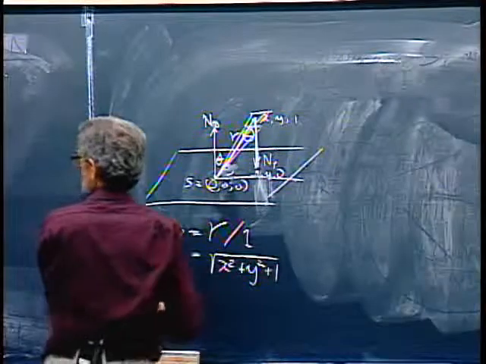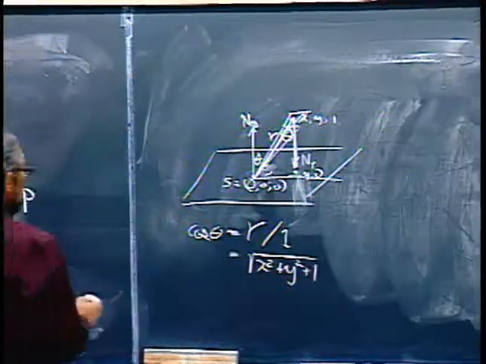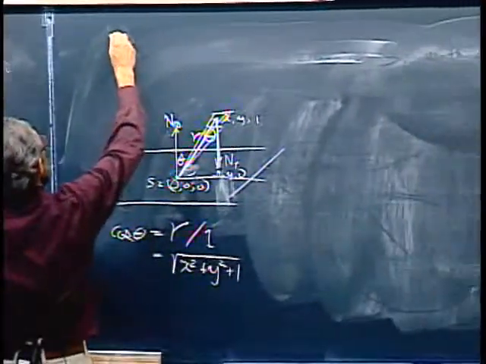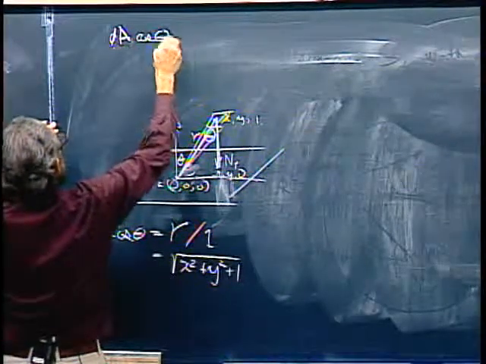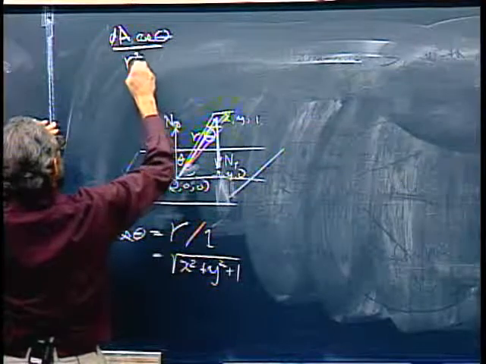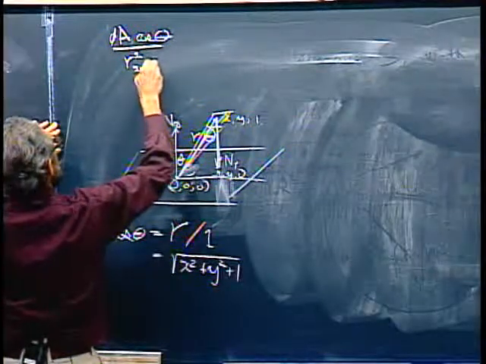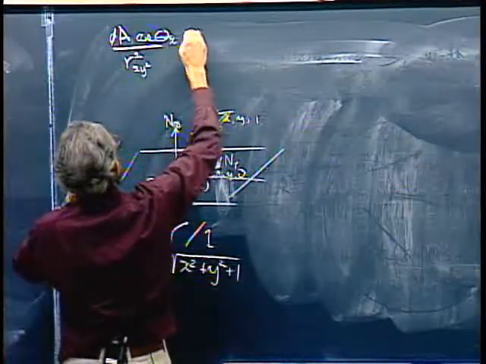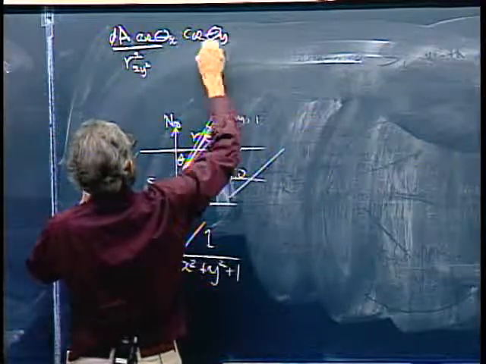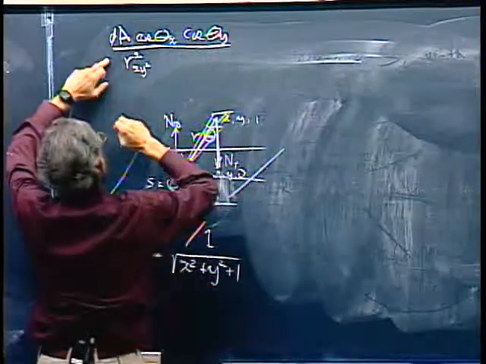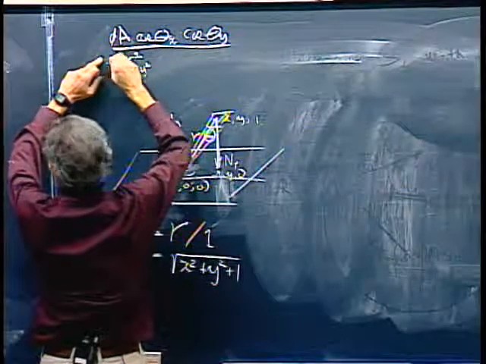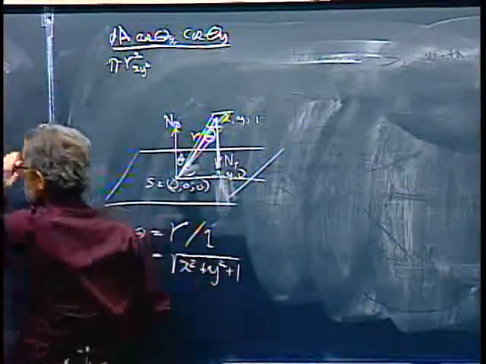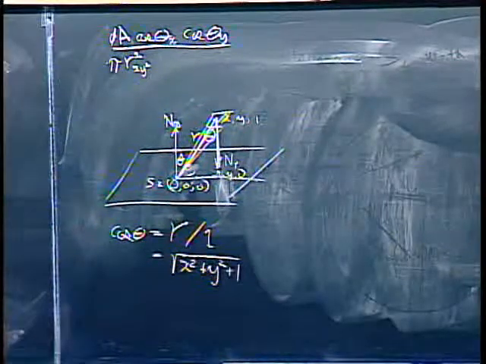So this solid angle is going to be dA cosine theta divided by r squared, times cosine theta x cosine theta y. I guess I have a pi there. Let me put the pi in the delta form factor so I don't take it out.